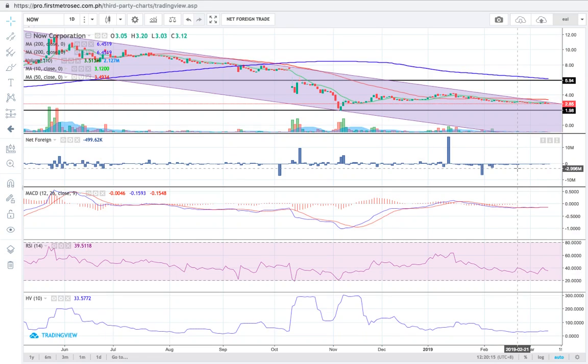The reason why you have to respect your trailing stop loss, why you have to stick with your risk management system, is so that you can protect your capital, preserve your gains if there are any, and prevent unbearable losses. Those are the three P's that a trailing stop loss can give you. It protects your capital, preserves your gains if there are any, and lastly, it prevents unbearable losses.